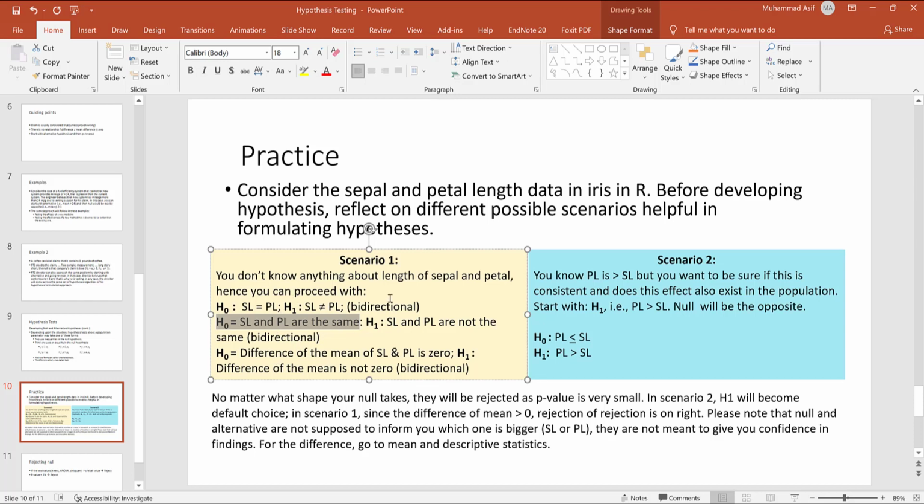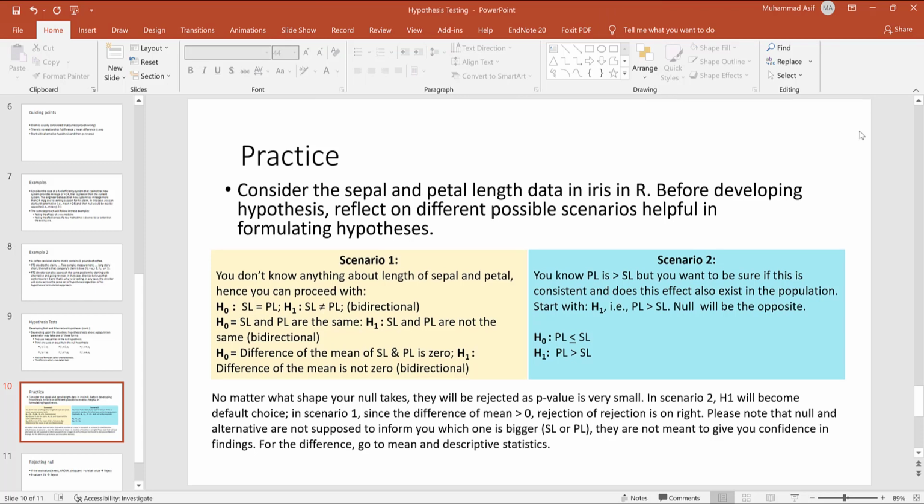The other scenario would be where the researcher has already seen the data and knows that petal length is definitely greater than sepal length. However, the researcher is not sure whether this observation is consistent, whether they would observe the same phenomenon across the population, or whether it just happens in isolated cases and exists only in the sample.